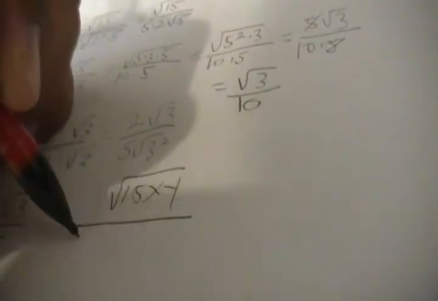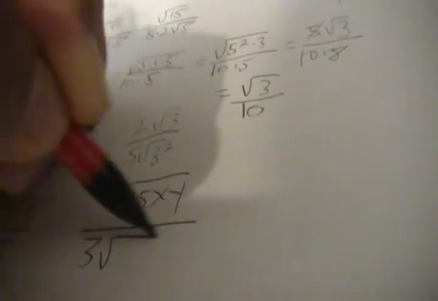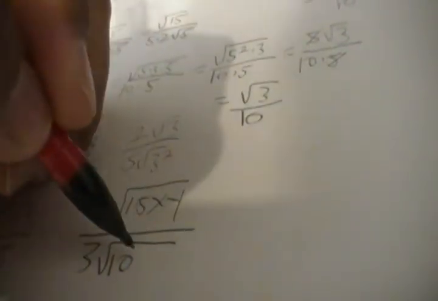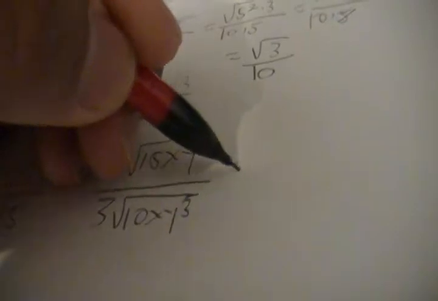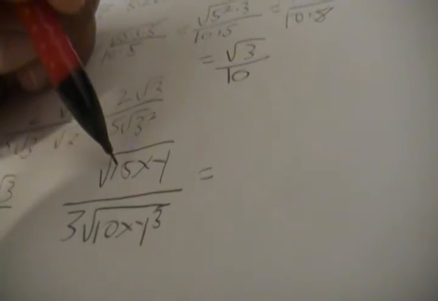Let's try another one. Well, let's try one with variables, okay? So we can have square root of 15xy over 3 times square root of 10 times xy cubed. If you have variables, it's still the same idea. So let's see if we can simplify the top. Can we? 15, that's 5 and 3. No, you can't.